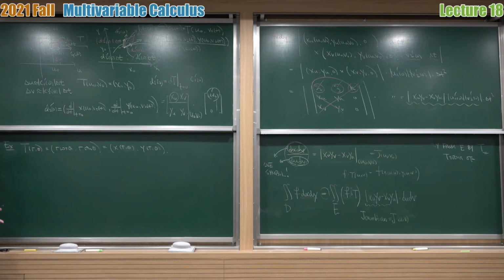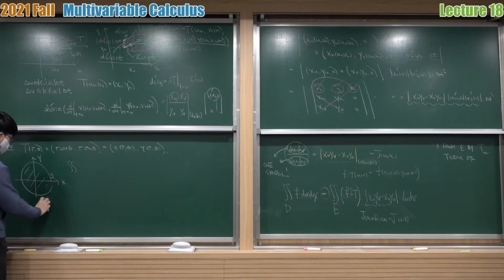So let's try to find out the area of the unit disk. This is x and this is y, and we have radius 1. How would you express the area of a unit disk in terms of integration over x and y?